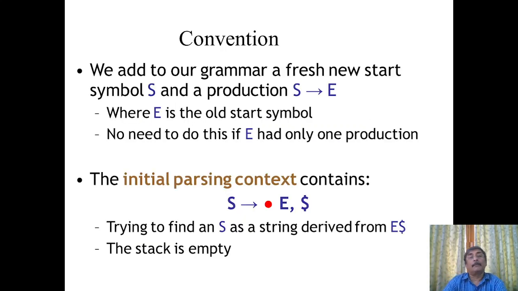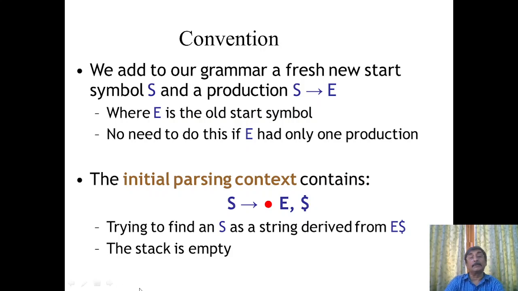Now, as before, we augment the grammar with an additional dummy start symbol. The start non-terminal is E, and therefore we create a new non-terminal S, and we say that S is the new start symbol.